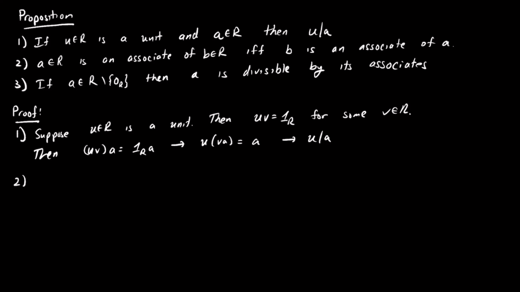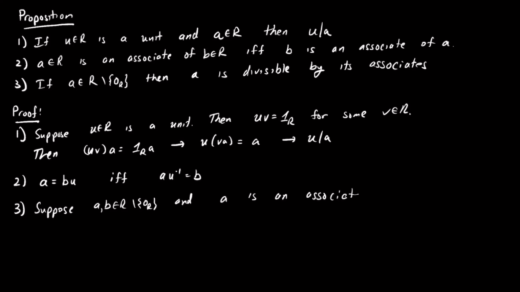2 is also pretty simple. 2 is really just saying that a is equal to b times u if and only if a times u inverse is equal to b. Okay, and 3 is also pretty straightforward. Suppose that a and b are in R, and suppose that these are non-zero, and a is an associate of b.